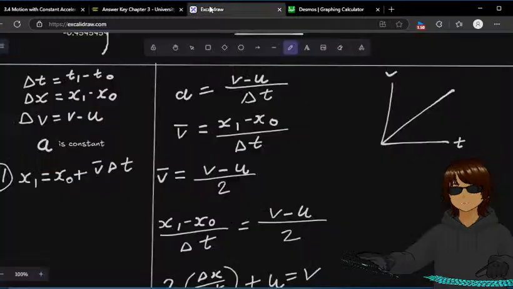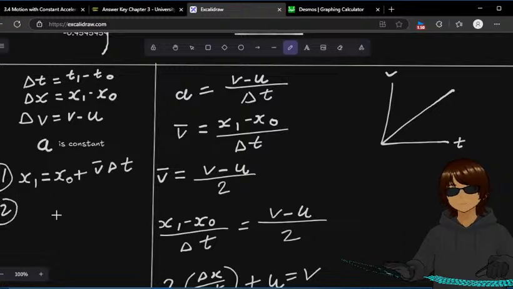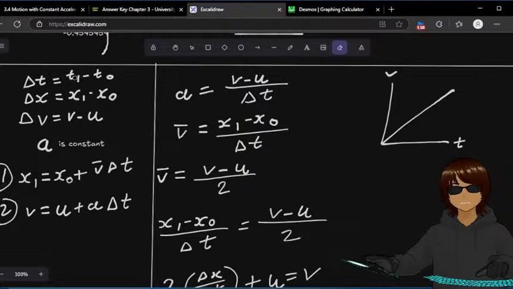The second equation is from here. So v is equal to u plus a t. Forget the delta, t is the difference in time.